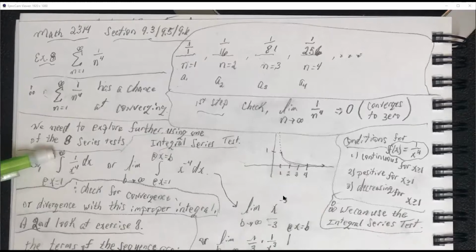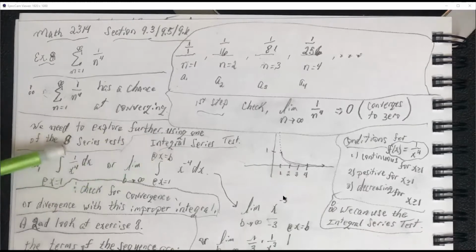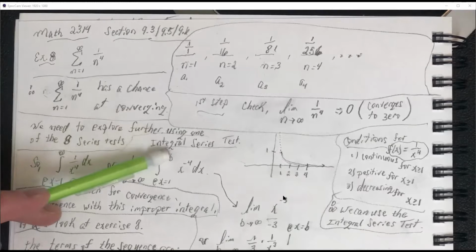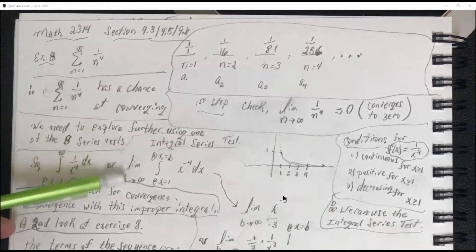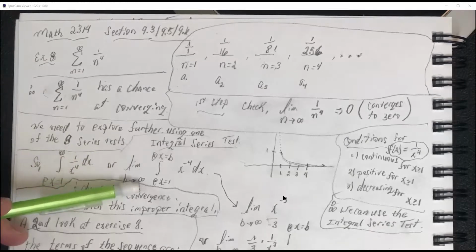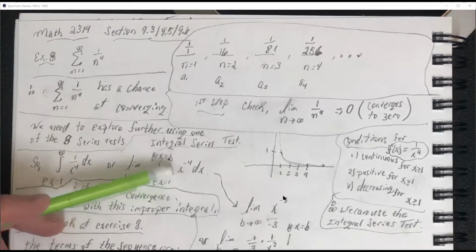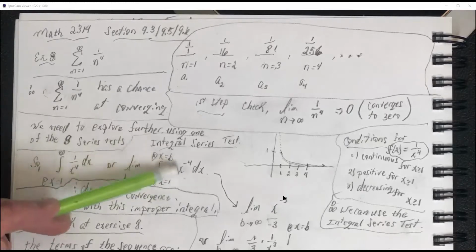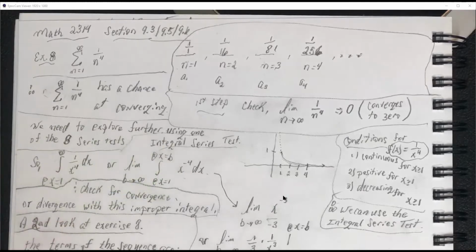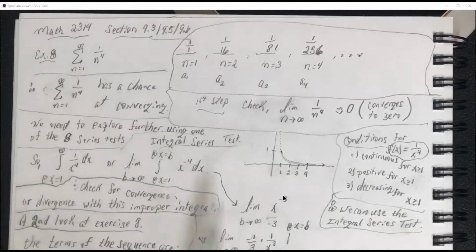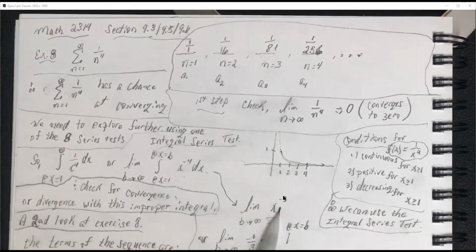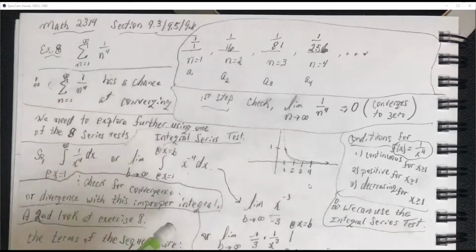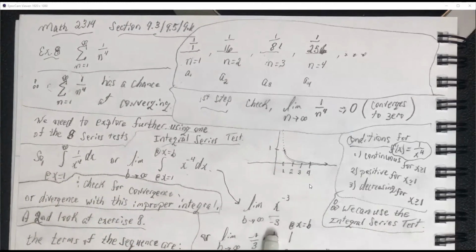This is an improper integral, so we change this infinity upper limit to b, or whatever other letter, but b is the most popular one, and then take the limit as b approaches infinity of 1 over x to the fourth, but we want to move that up, of course, so that we can use the power rule to anti-differentiate. Using the power rule, we add 1 to the exponent, and -4 plus 1 is -3, divided by the new exponent, which is -3.